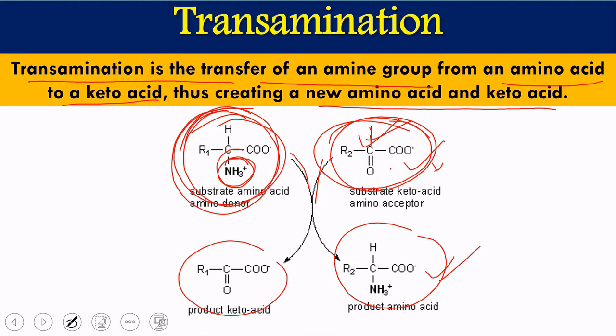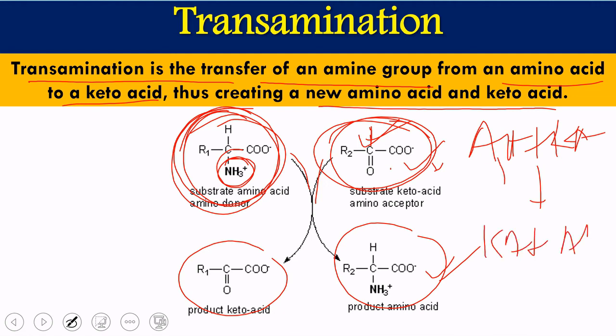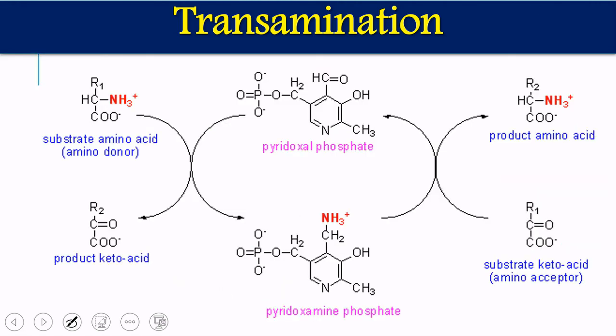So overall, transamination is a reaction between one amino acid and one keto acid, and ultimately the amino acid will be converted into a keto acid and the keto acid will be converted to an amino acid. Here we require a special enzyme called transaminase. Along with that, it also requires a cofactor called PLP, pyridoxal phosphate.